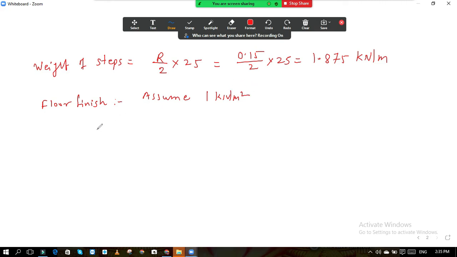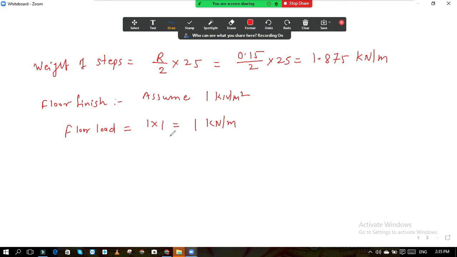Okay. So the floor load is equal to 1 into 1, because per meter width is there. So 1 into 1, it is 1 kilonewton per meter. This is already known to you. That is why I am going quickly.